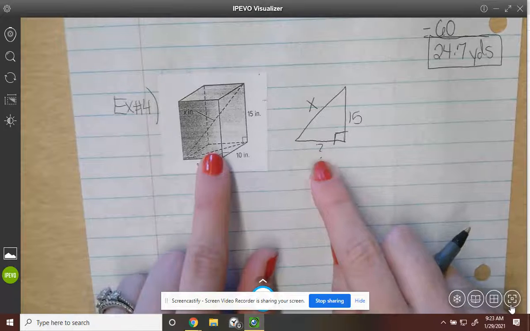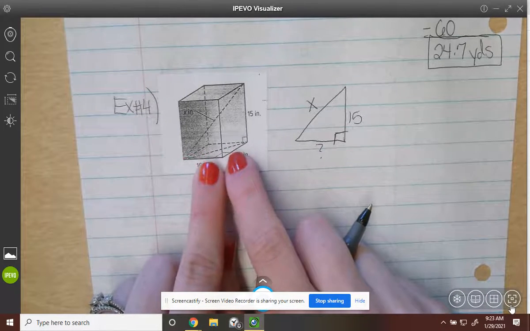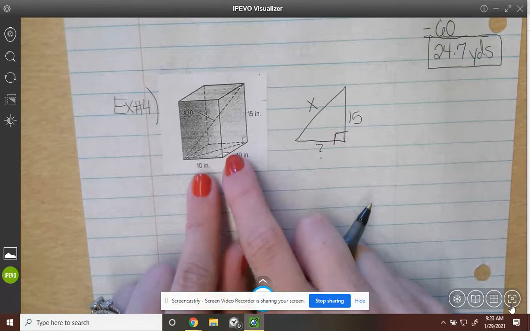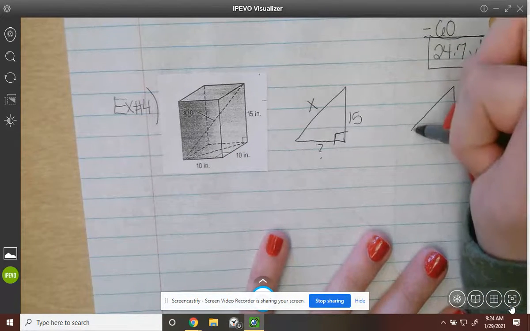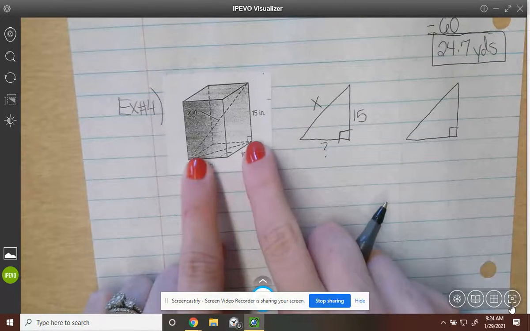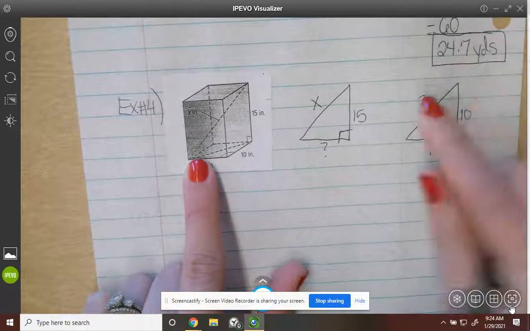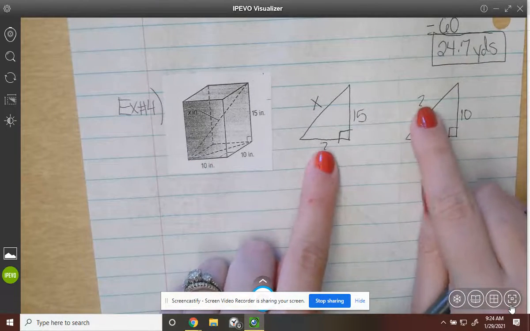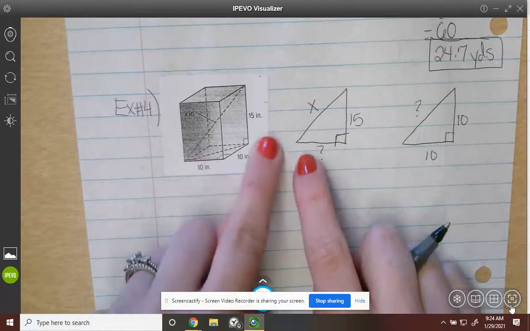But if we look on the flat part of this, do you see that there's another right triangle on the bottom square right here? So let's go ahead and draw that one. There's my right angle. Coming off my right angle are two 10s. And that's my question mark. So these two are going to be the same because the hypotenuse on this one is actually the leg on this one.